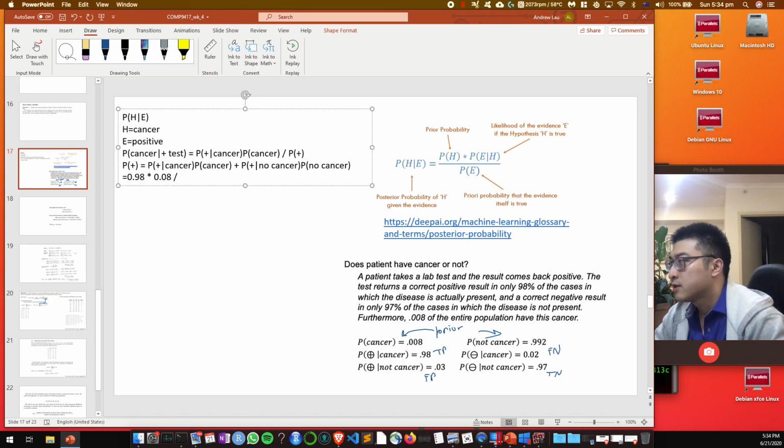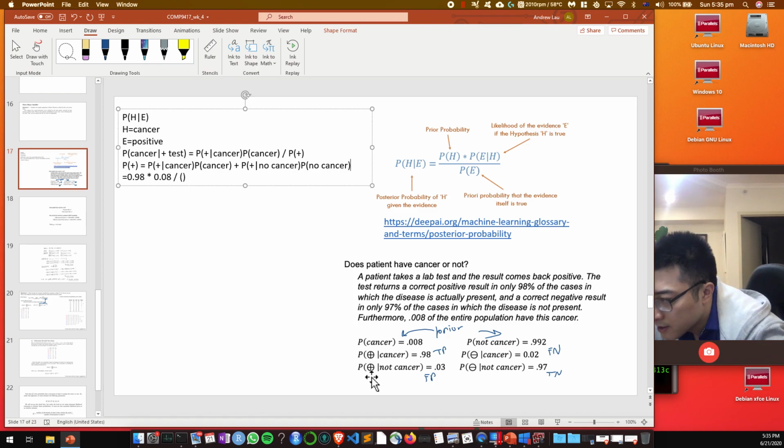So in this case, what's that equal to? Positive given cancer, 0.98. Then, what's the probability of positive given not cancer? That's 0.03. What's the prior of no cancer? 0.992.